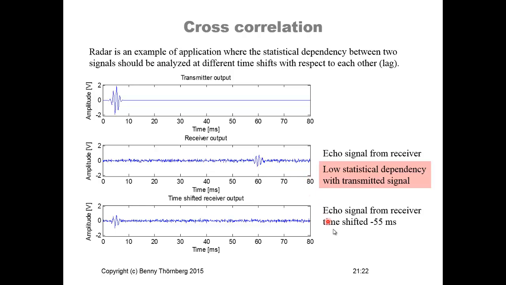But on the other hand, if you analyze the signal that is time shifted minus 55 milliseconds, then the correlation between the two signals will be rather high, even though there is also noise present here. But still, it will be much higher compared to the unshifted signal.